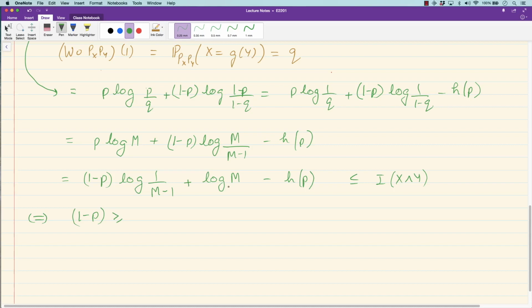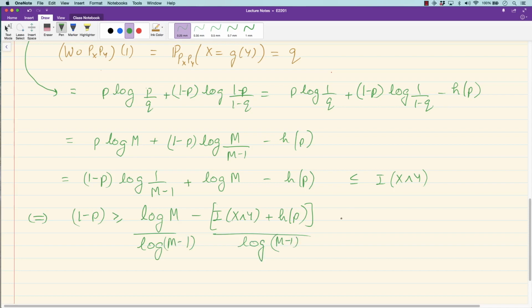So you have this, so you have log m here, right? So you get, yeah, right, so you take 1 minus p on this side, and yeah, this is correct. So you get log m minus the mutual information between X and Y plus hp, and whole divided by the coefficient of this guy, that's log m minus 1 divided by log m minus 1.